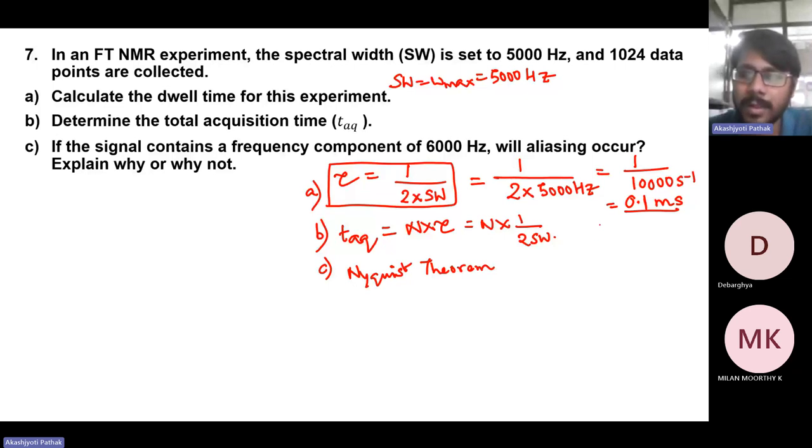It means there are 1024 data points, and the data points are recorded at a time interval of 0.1 millisecond. So that is the dwell time for this experiment.